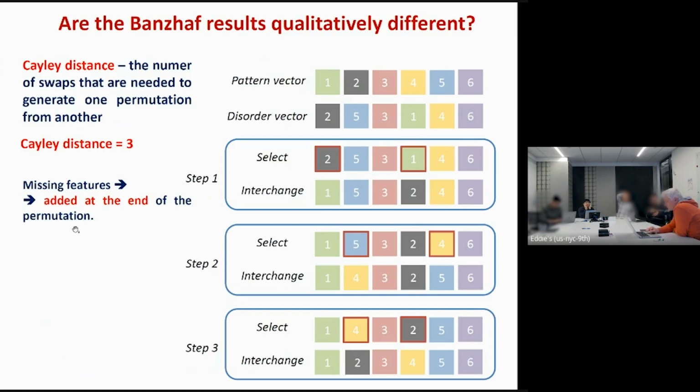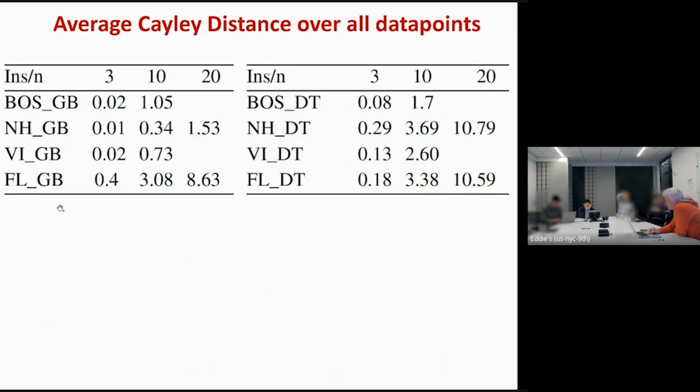If some features are missing, they are added at the end of the permutations. If you look at the top 3 features, very few differences can be seen.